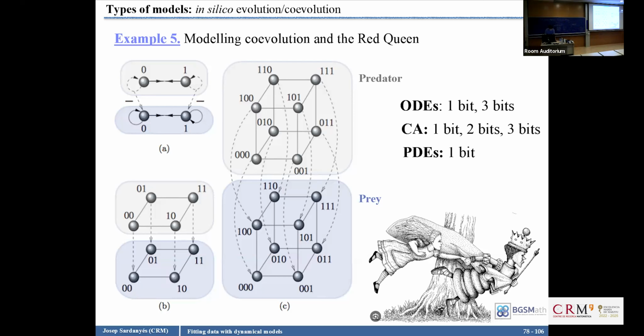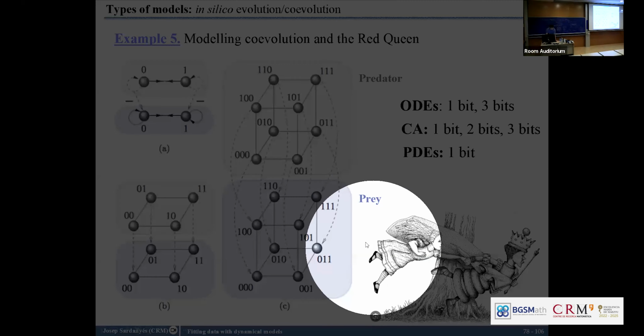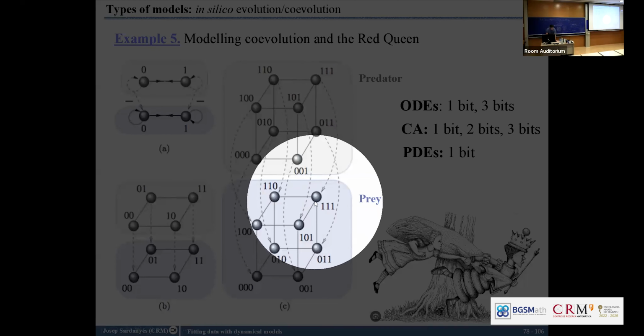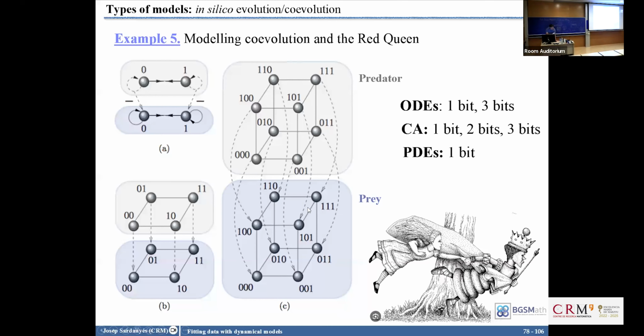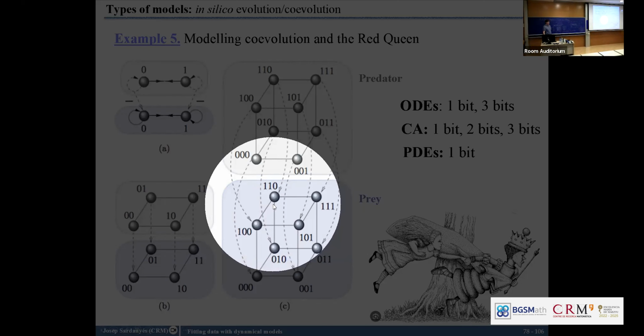So what we did here is a very simple model. It's a toy model, but the results are amazing. This is a predator. This is a prey. And we assume that a predator 111 can only eat prey 111. The only prey that it can take is the same sequence that it has. And here we have mutation. It means that 111 can mutate to 110.